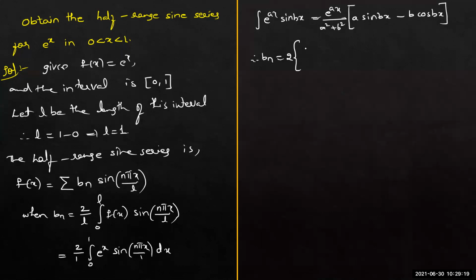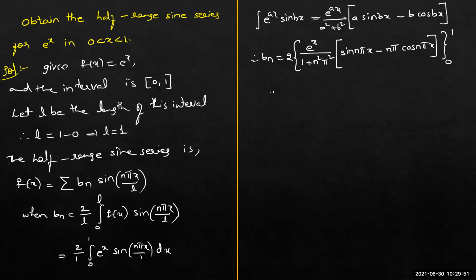Substituting those values, it is e to the power of x divided by a square, which means 1 square, plus b square, which means n square pi square, n pi whole square. And now this into a sine bx, a is 1, so sine n pi x, minus b, which means n pi, into cos n pi x. The limits are from 0 to 1, right?